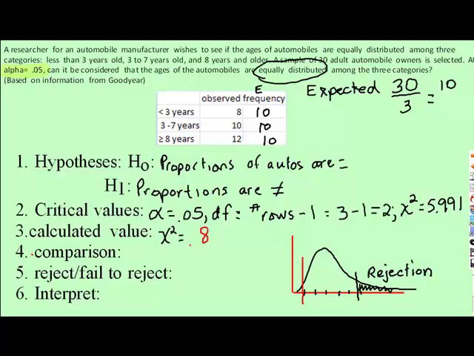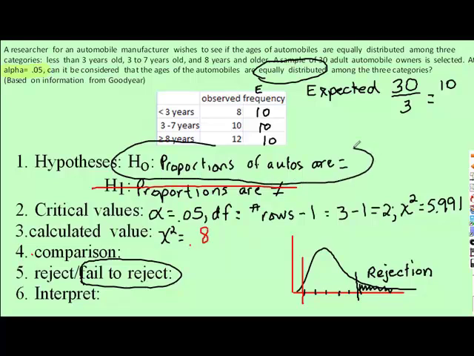Therefore, I will fail to reject the null. I do not think my research shows what I was trying to find out. I think, based on the information I currently have in my sample of 30, the proportion of the automobiles is equal for age.